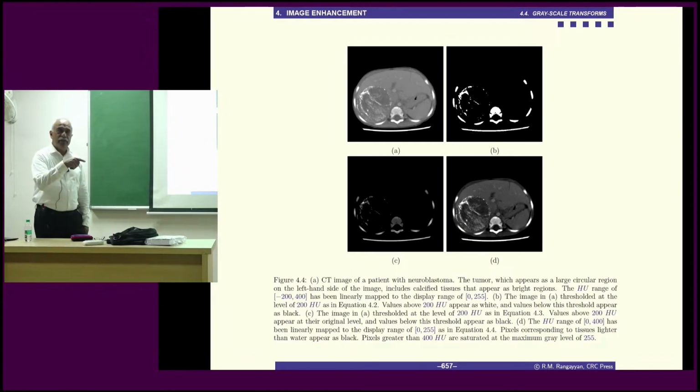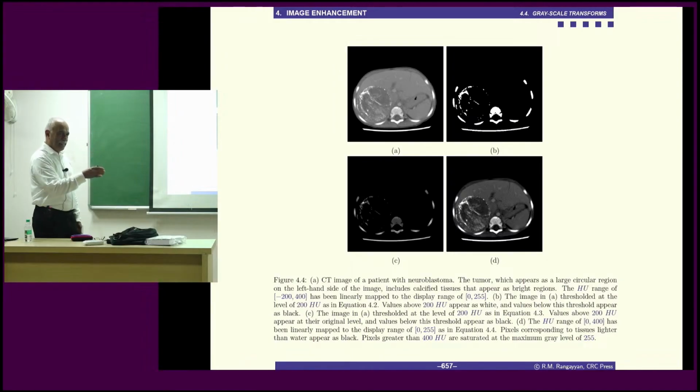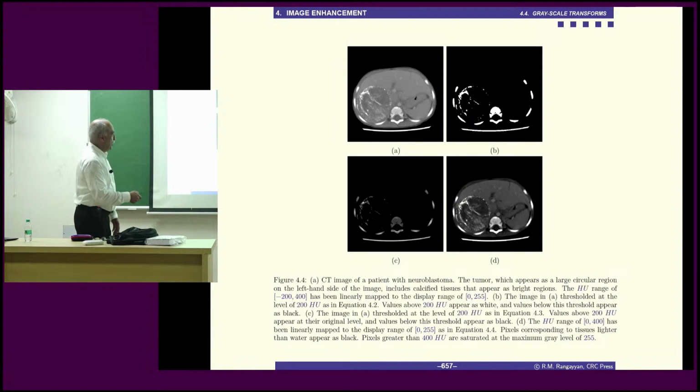From 0 to minus 200, you have fat. Water is 0, fat is minus 10, 20, and air is minus 300, 400, minus 1000 would all be air. So if you're not interested in anything less dense than water with negative Hounsfield units, then you may use this 0 to 400.